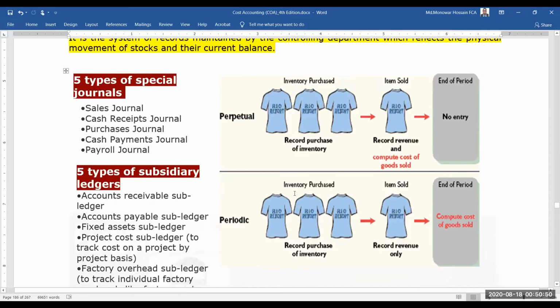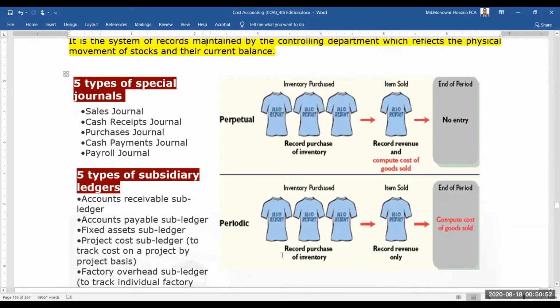Here is the periodic inventory system. Periodic means we record the purchase of inventory, and if an item is sold, we record only the sale. At the end of the period, we compute cost of goods sold periodically, counting physically and accounting for everything at period end.